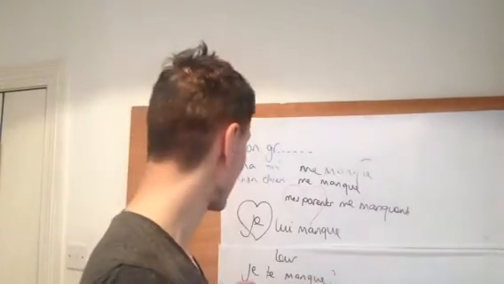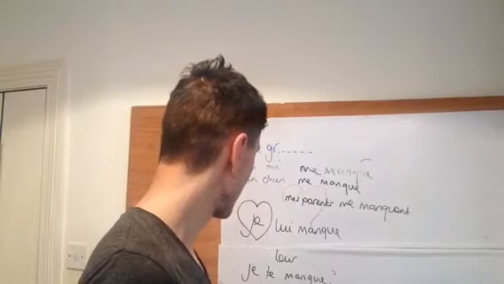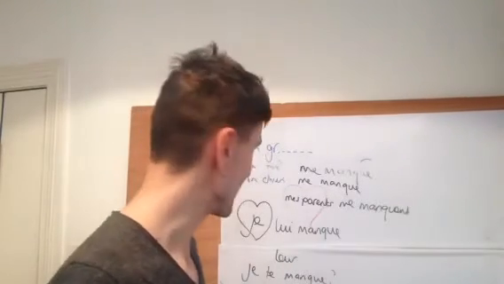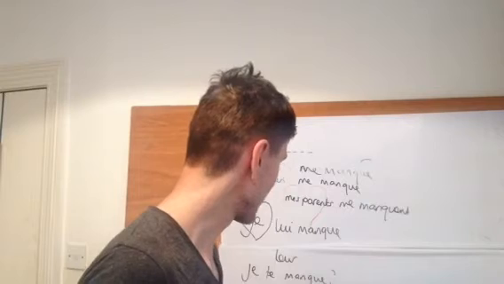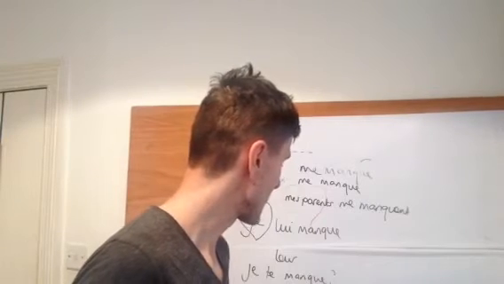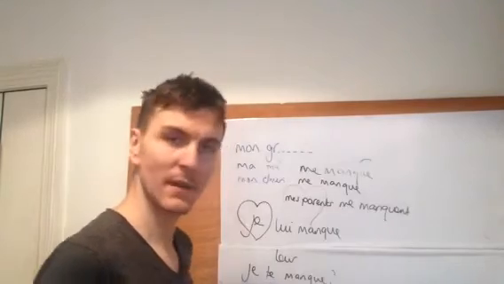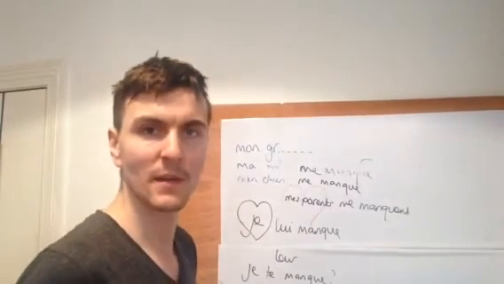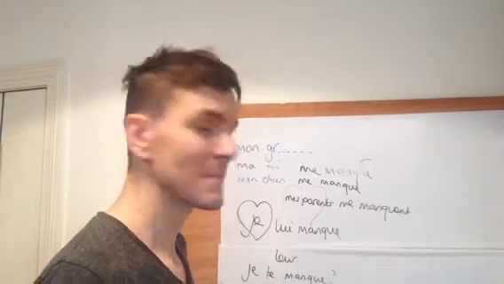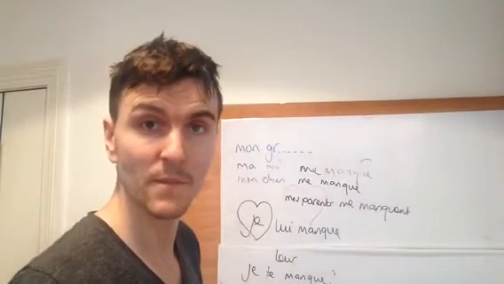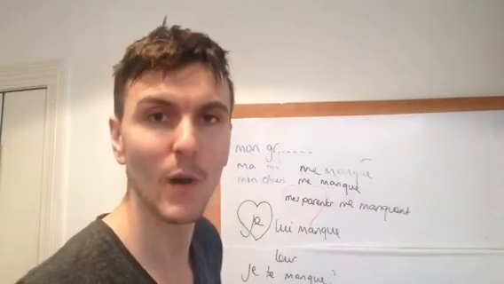Me. Yeah, so I go first. Je. So imagine you were saying, I have missed, so je ai manqué, which you'll see why. Have you missed me? Je t'ai manqué? Yeah, je t'ai manqué. Okay. Have you missed me a lot? Je t'ai beaucoup manqué. Yeah, it has to be the other way round.